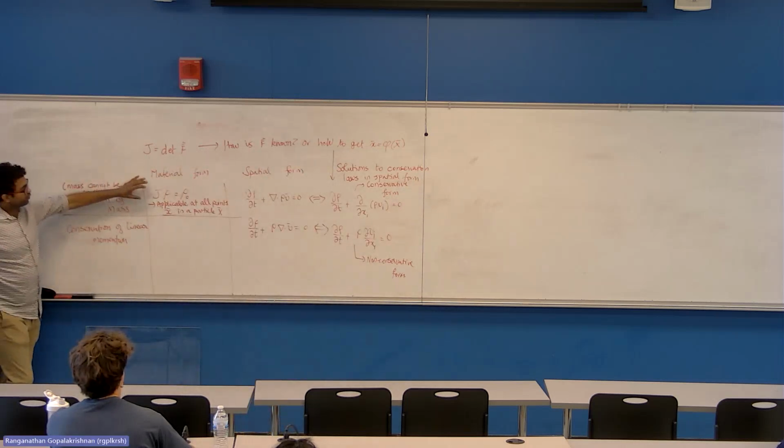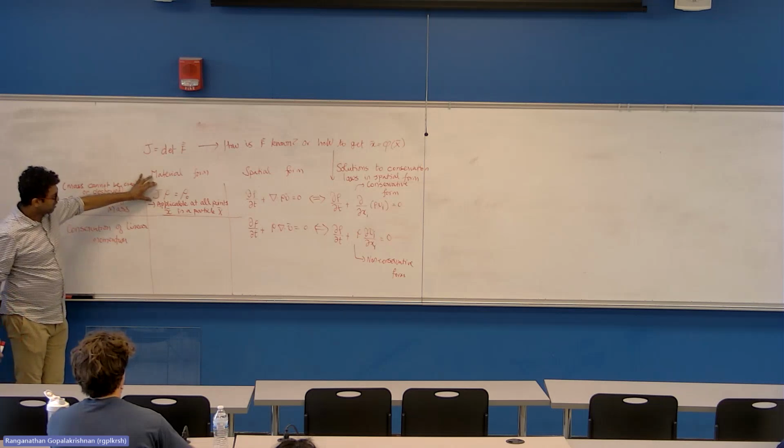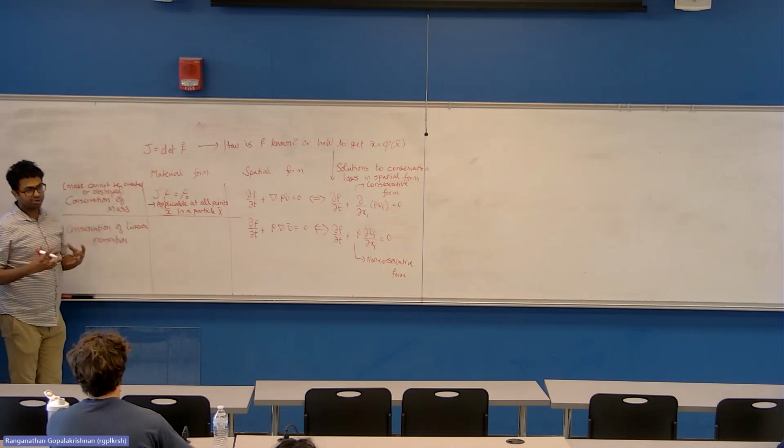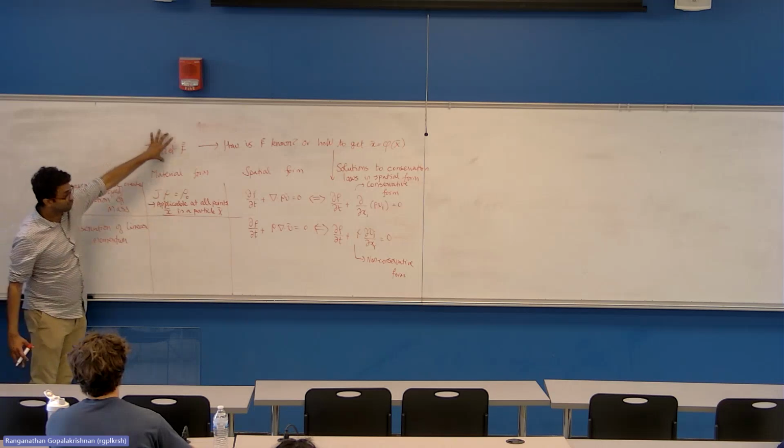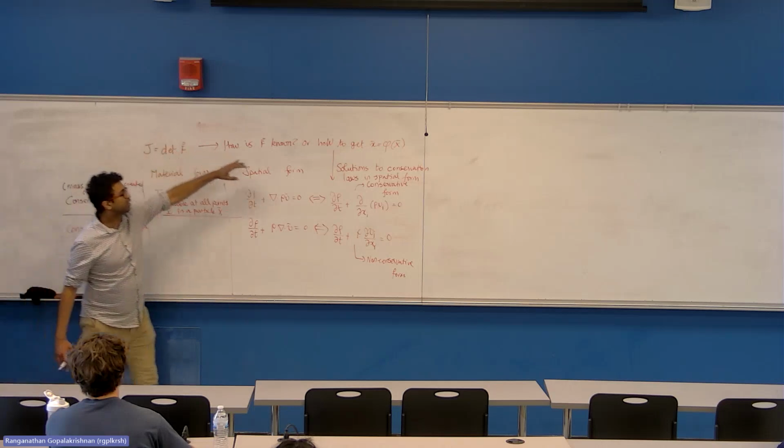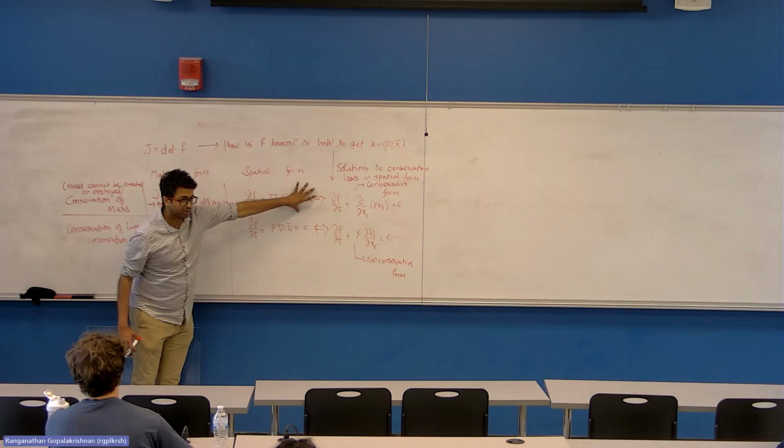So if you look at it as a particle, you would write this equation. A particle description or a material description inherently requires some knowledge of the deformation, which has to come from a solution to the spatial equation.